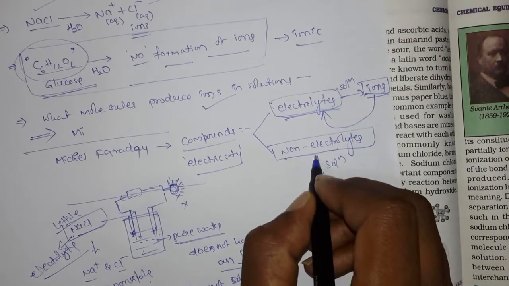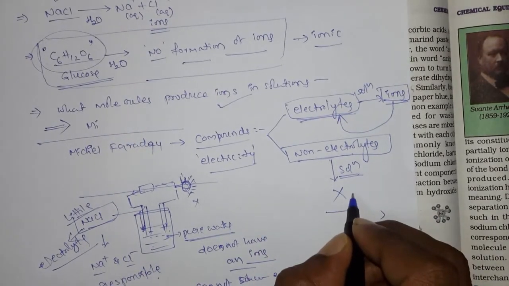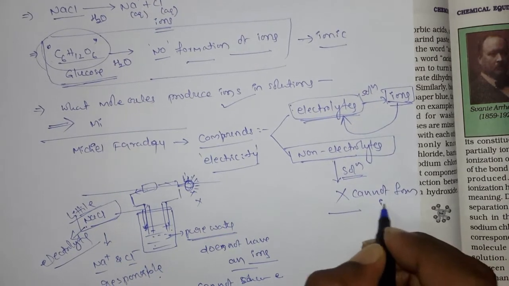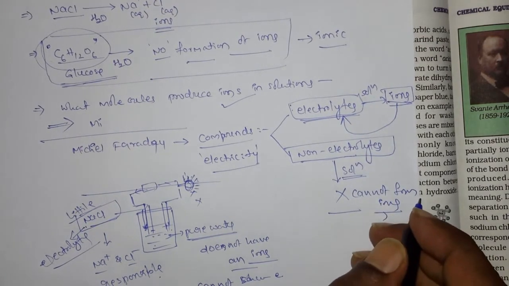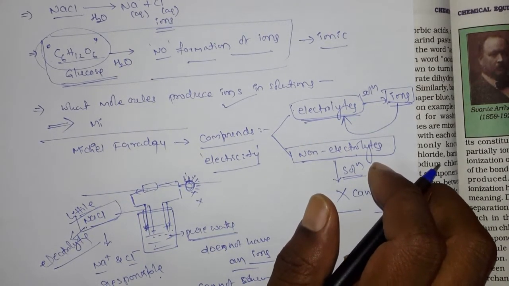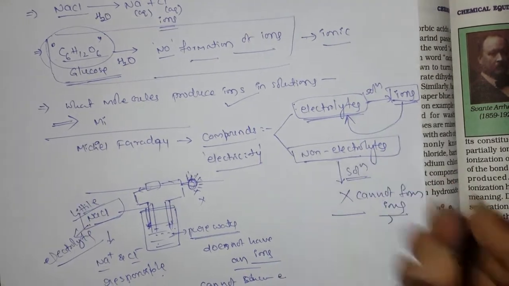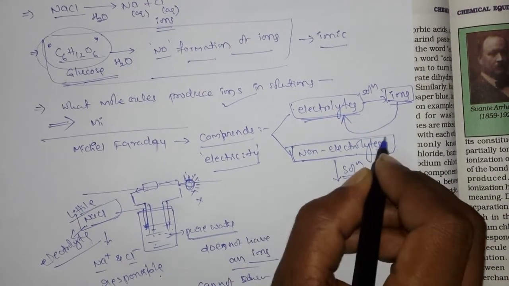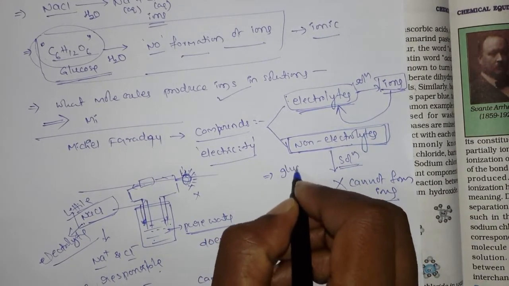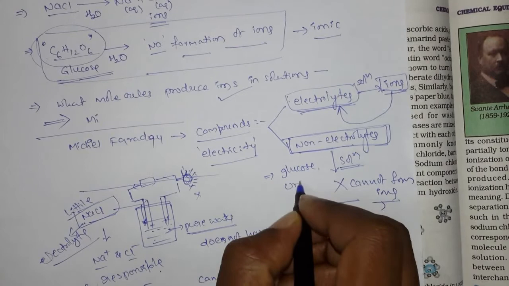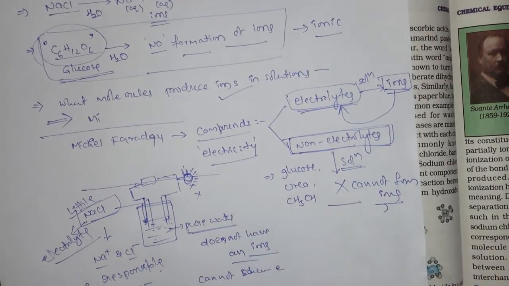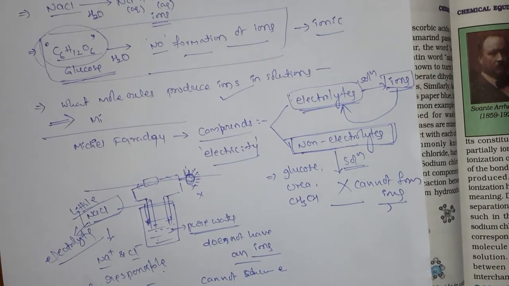These non-electrolytes, when you dissolve into the solution, cannot form ions. If there are no ions in the solution, where is the passage of the electricity? No, right? That is the reason they call it a non-electrolyte. Okay, the best examples are glucose, urea, and methanol. Okay, best examples, right?